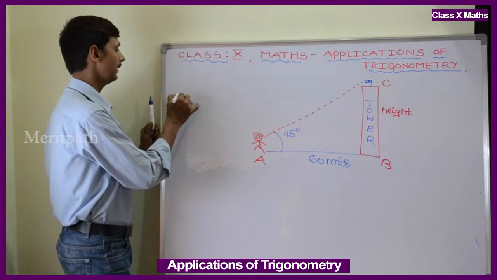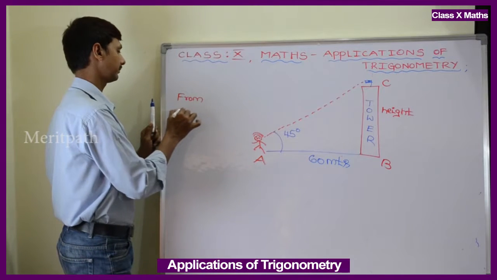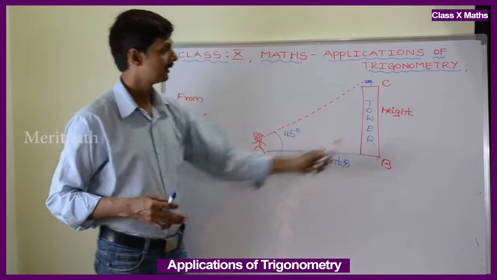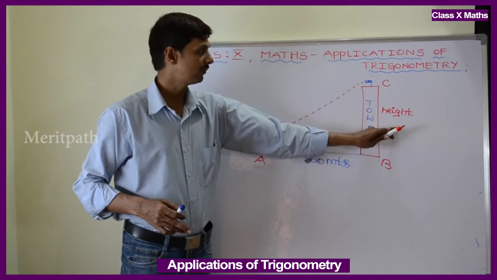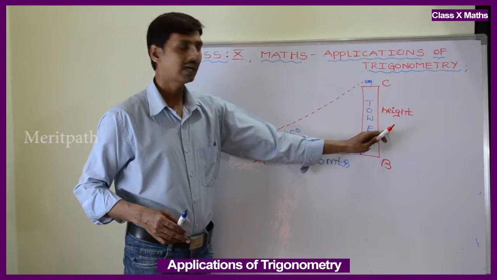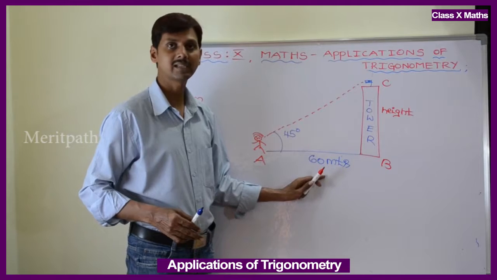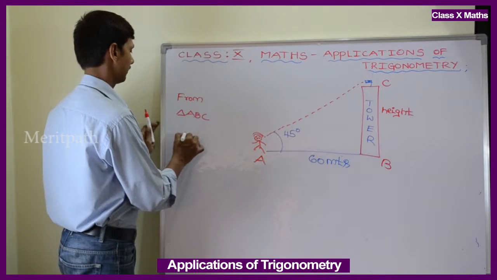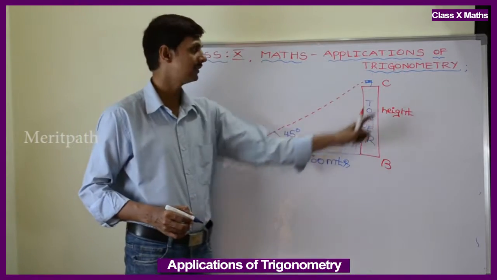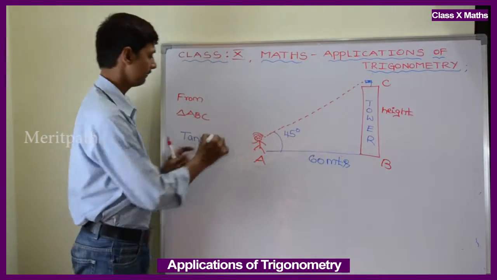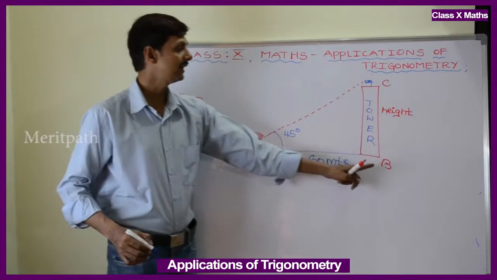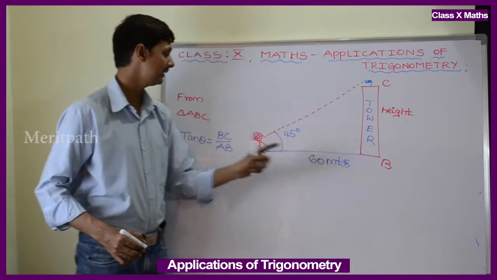From triangle ABC we can observe the height of the tower and the foot distance. The relation between the height of the tower and the foot distance is tan theta. Tan theta is equal to opposite side by adjacent side. Opposite side is BC and adjacent side is AB.